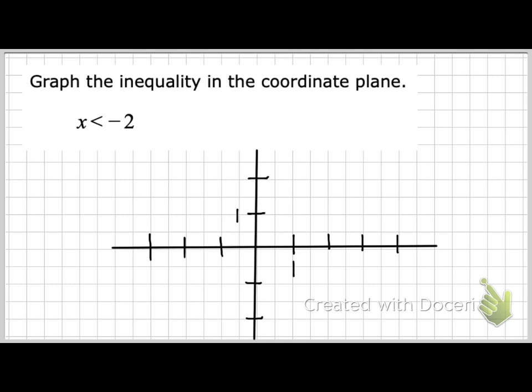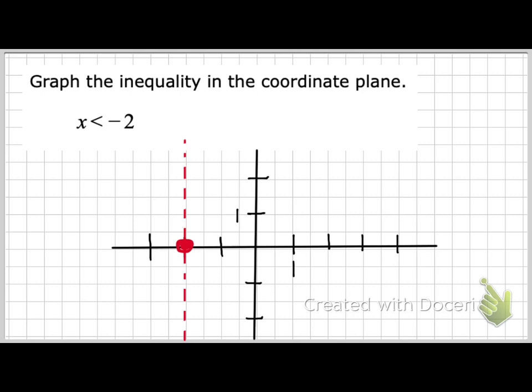So what I am going to say here is that I've got x is negative 2, so that is clearly putting me here at negative 2, and then my edge is at x equals negative 2, so I'm going to do a vertical line representing all of the points where x is negative 2. And then I'm going to dash that because it's not equal to.